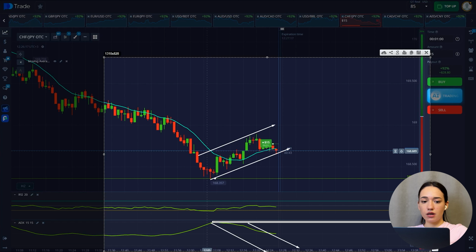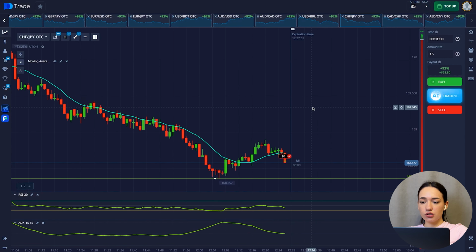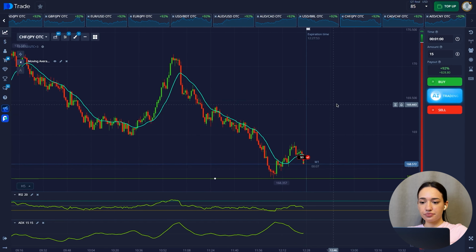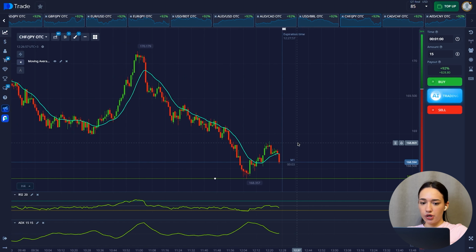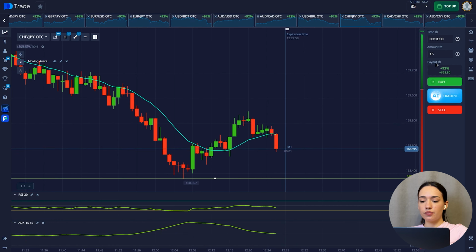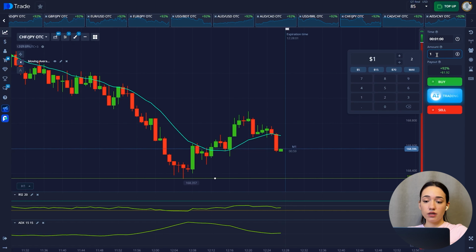And we also have a crossing of the weighted moving average from below upward, which signals a potential trend change. And guys, suddenly strong bearish volume appeared, but that's fine.